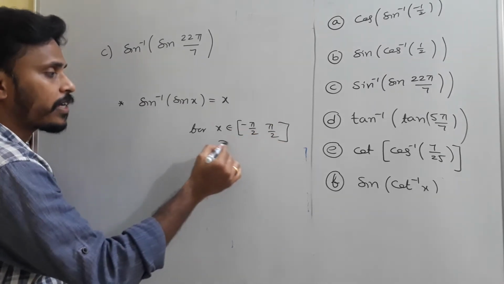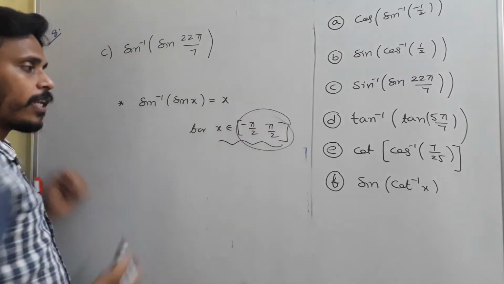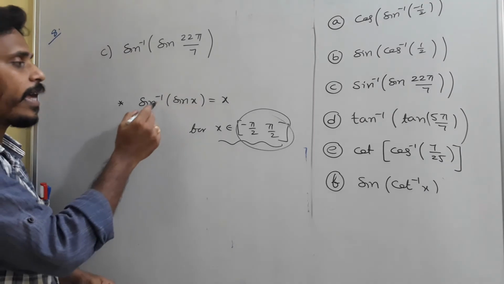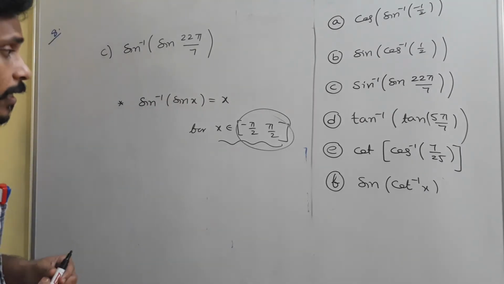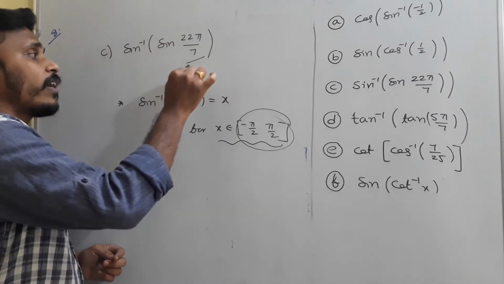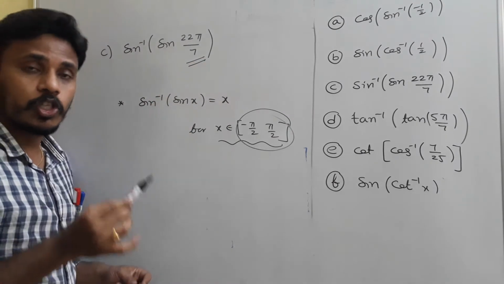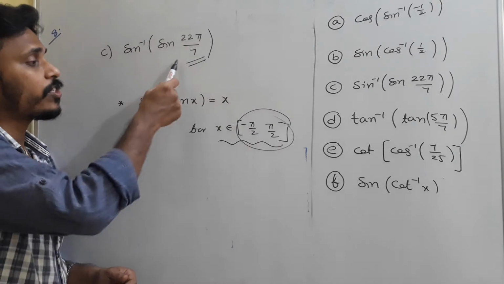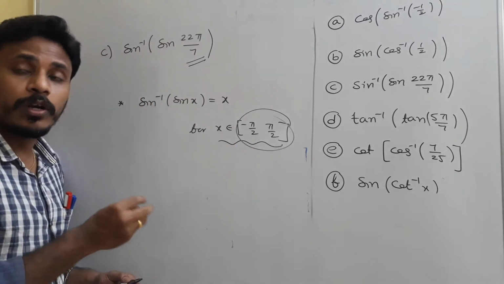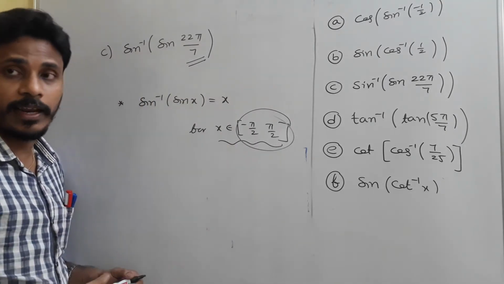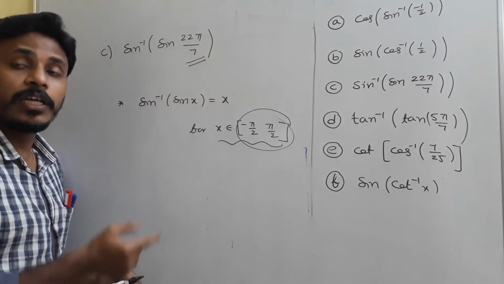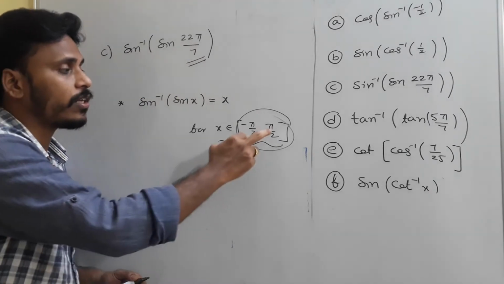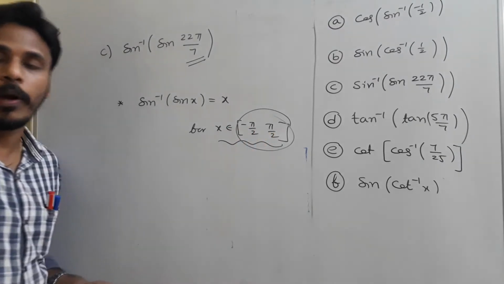If x is in this range, minus pi by 2 to pi by 2, then directly we write that sine inverse of sin x is x. But this 22 pi by 7 is an angle which is not in this range. So we don't have a chance to answer directly. We need to convert this angle into an angle which is in the range of minus pi by 2 to pi by 2.